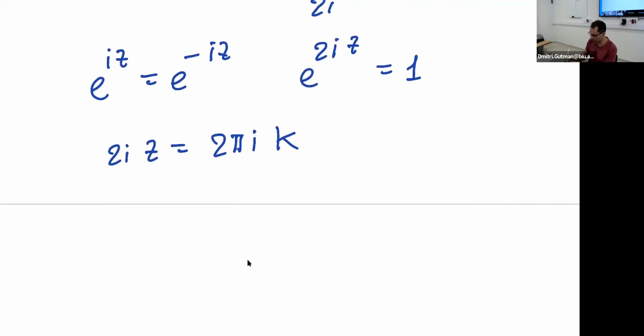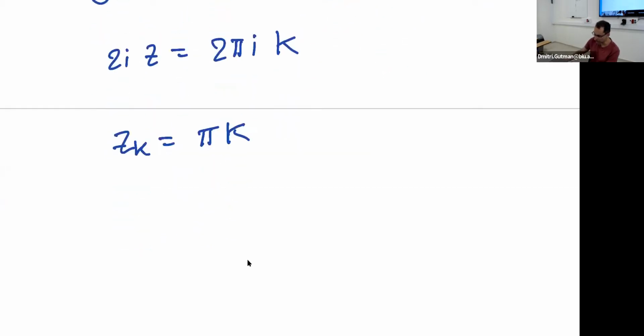So we got that there are points z_k which are equal to pi k, and at these points the function cotangent z has poles. What is the value of the residue of this function at this point?